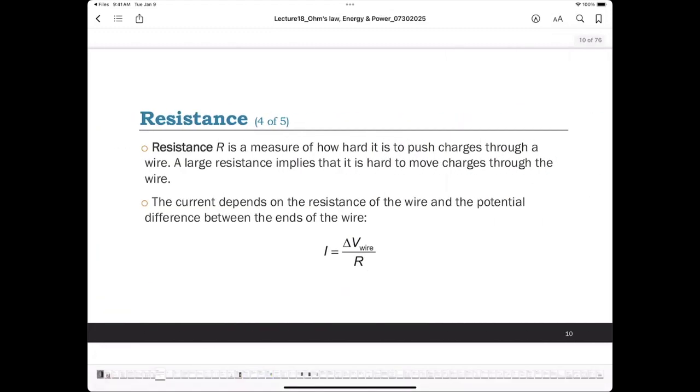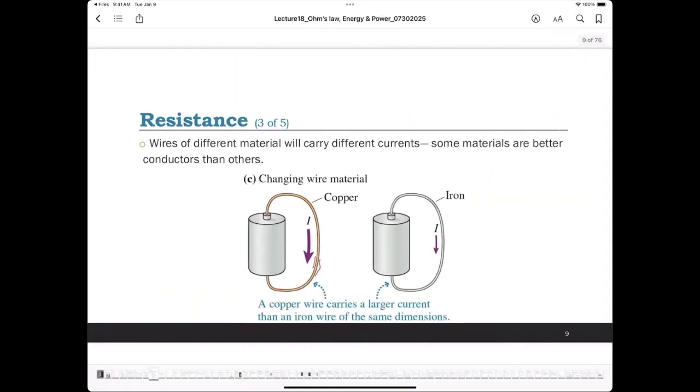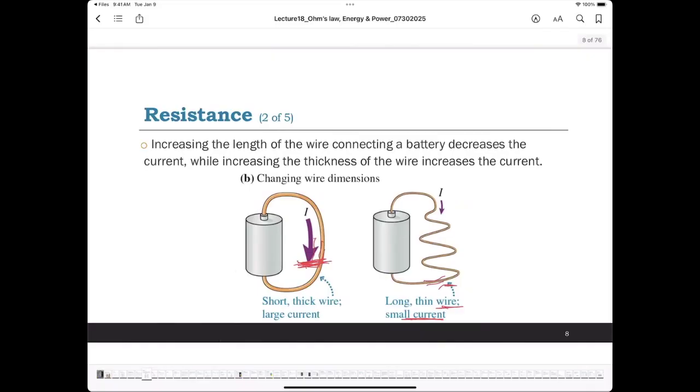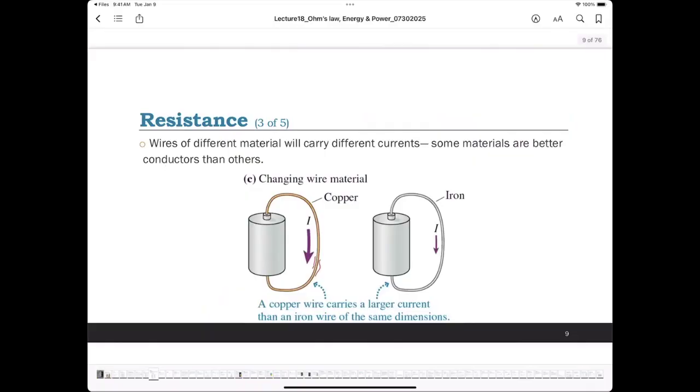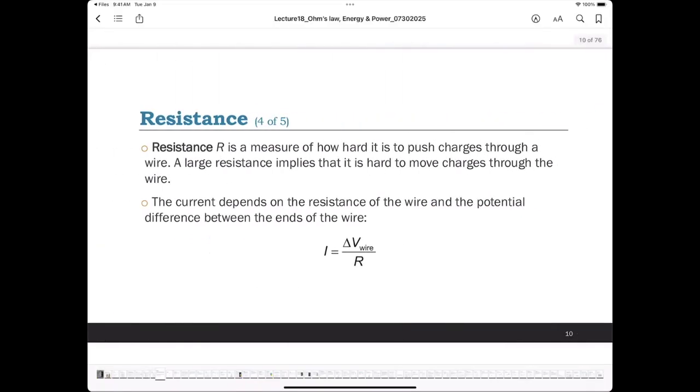We will talk about why this situation happens: why the long thin wire can only carry a small current, the short thick wire can carry a large current, and different materials are better than others. Actually, it's related to resistance.